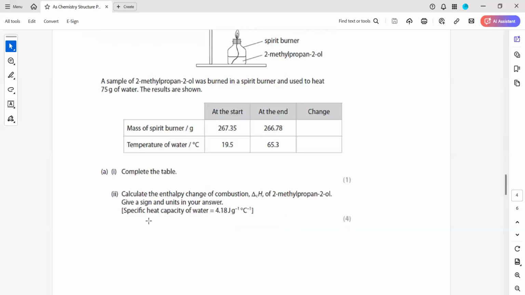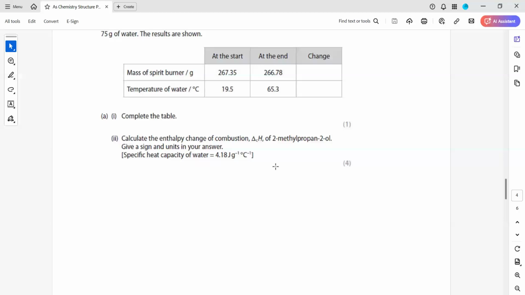The first part is we have to complete the table. One is the change in the mass, another one is the change in temperature. The mass of the spirit burner before the start and at the end: how much mass has been burned?